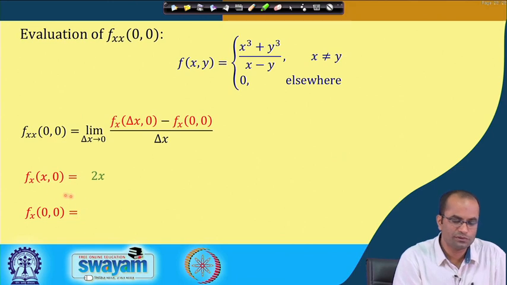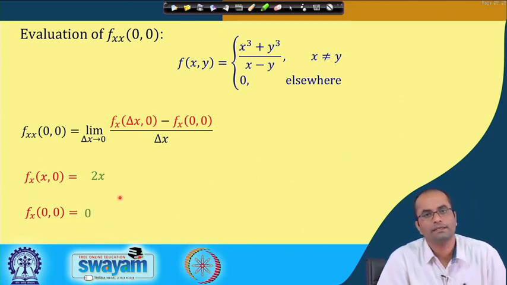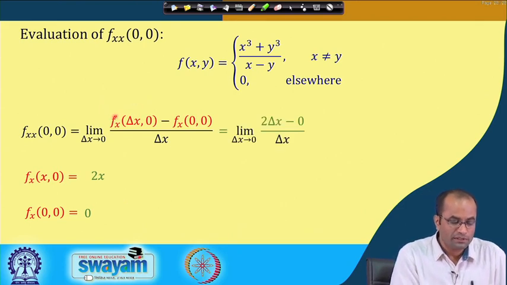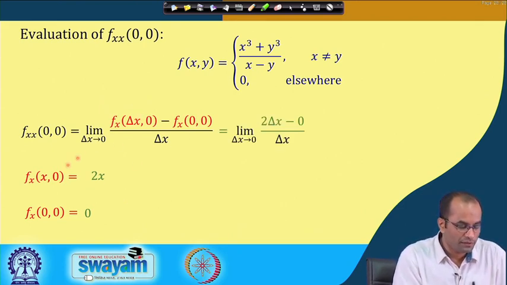And f_x at (0,0) is much easier to compute, this will come as 0.